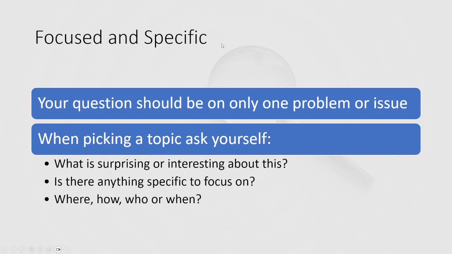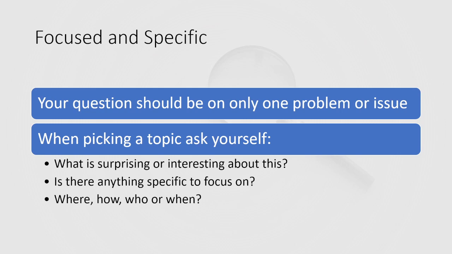So first, we want to cover focused and specific. So one problem or issue. It's not real helpful, is it? So we want to ask some questions about our question, which I know sounds redundant, but hold on with me just a minute.